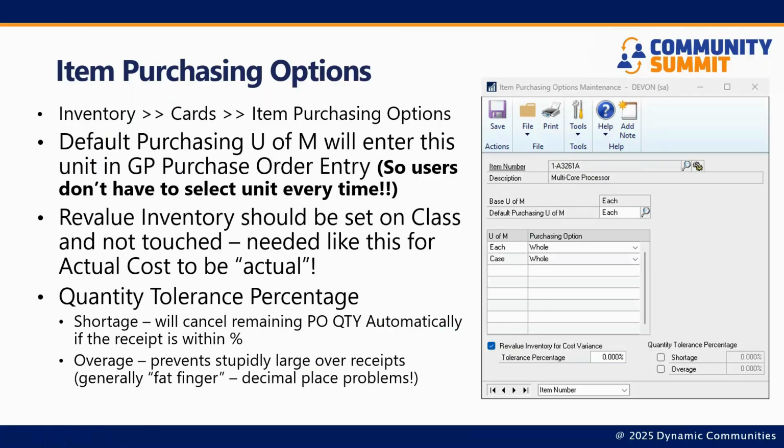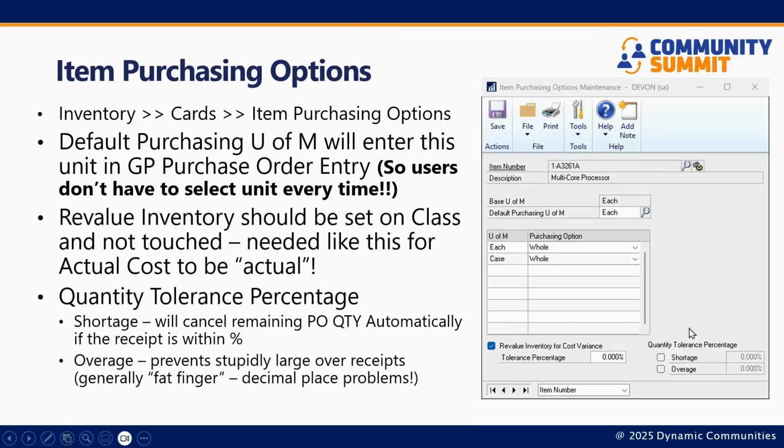And so coming here and filling it out when you create a new item makes it so they can enter a purchase order without having to select a unit every single time. And if you're using POGen, this makes it a lot easier. Add to this, we want the revalue, just like we talked about down on the class. It is super important for actual cost that this revalue inventory is checked and it's set to 0. So another place where things can get mistaken if you're using your system over a long period of time.